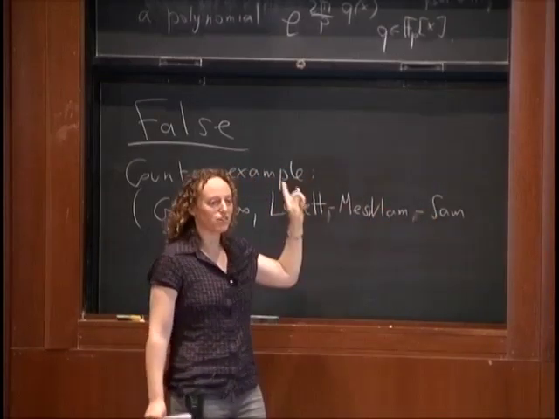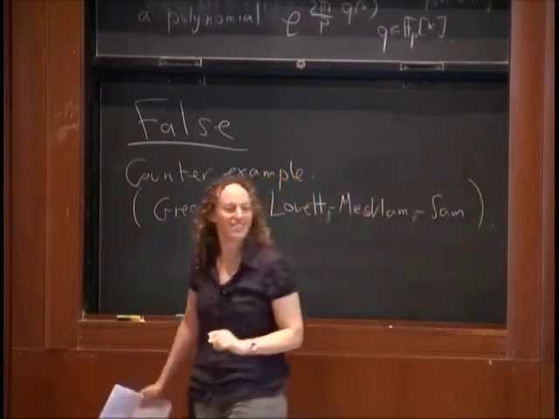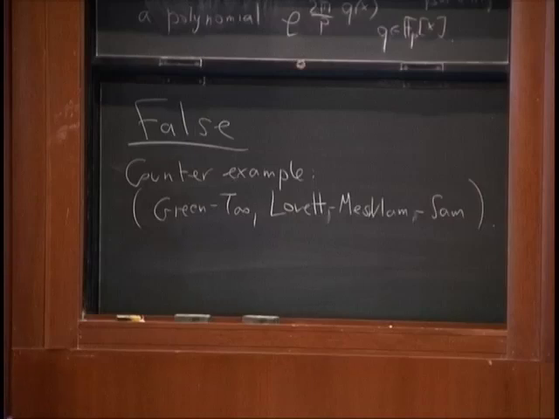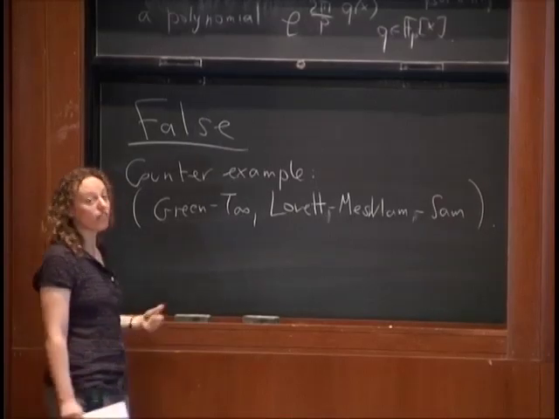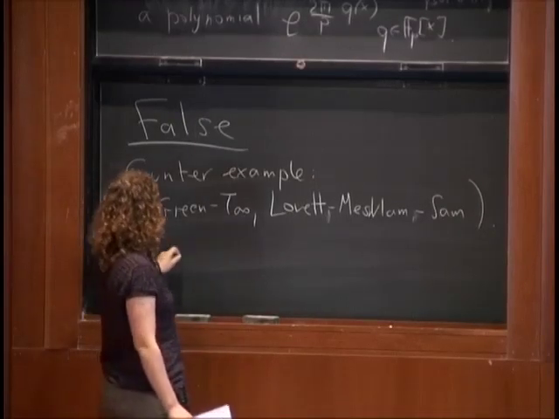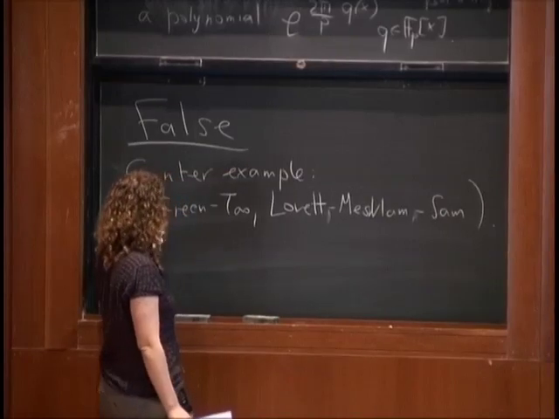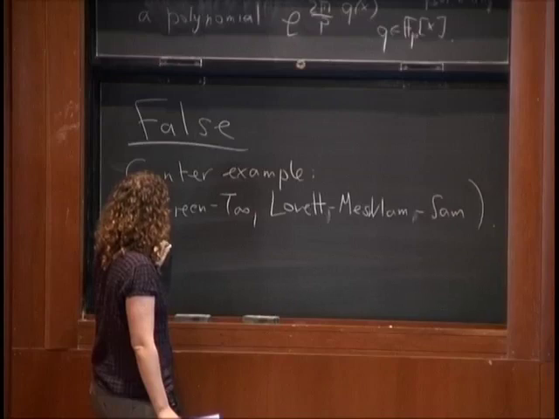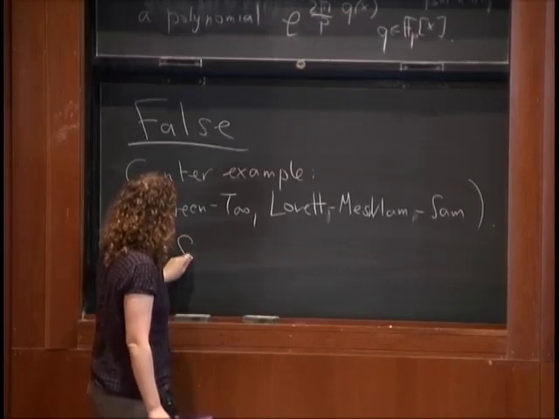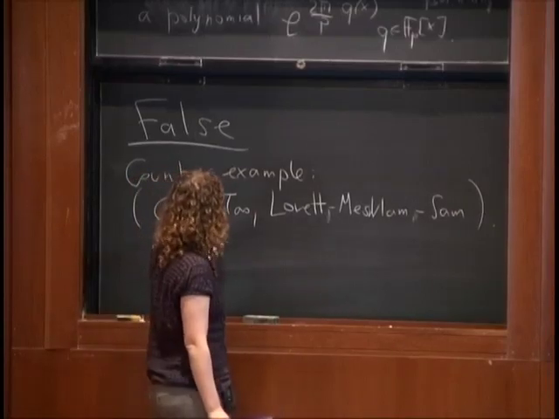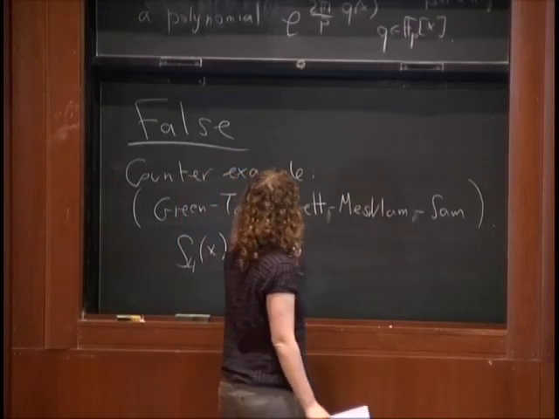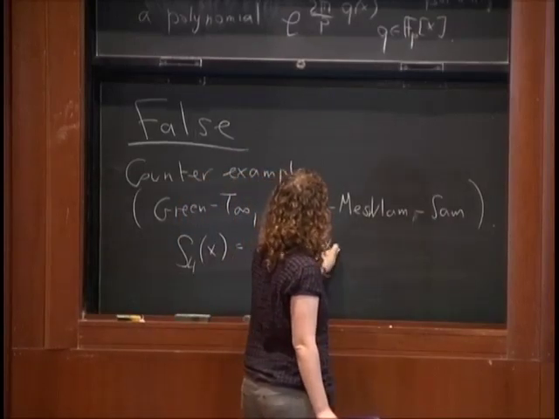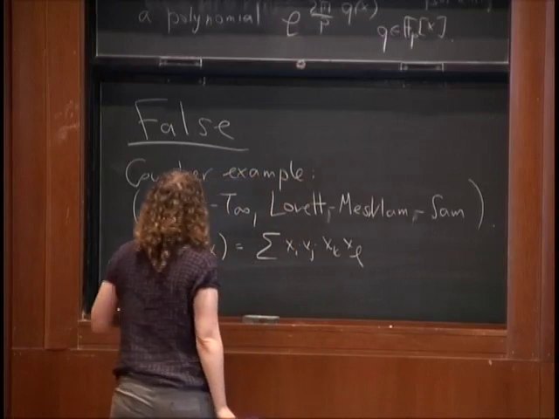I already spelled it once correctly, so I don't feel obliged to try to do it again. Lovett, Meshulam, Samorodnitsky give a counterexample. It's simple to write down. You look at the symmetric polynomial S4, the sum of x_i x_j x_k x_l.